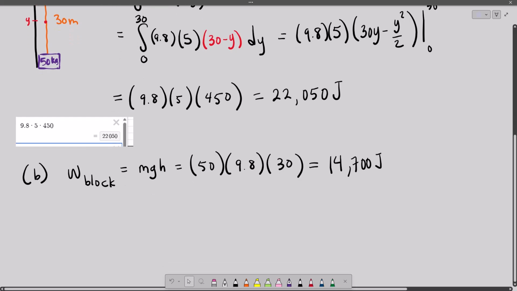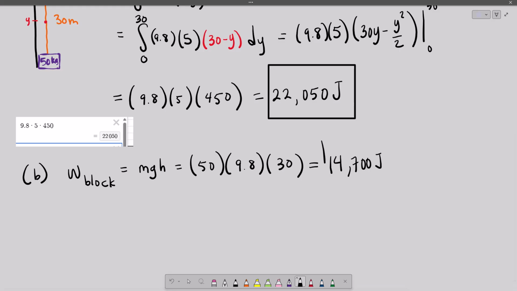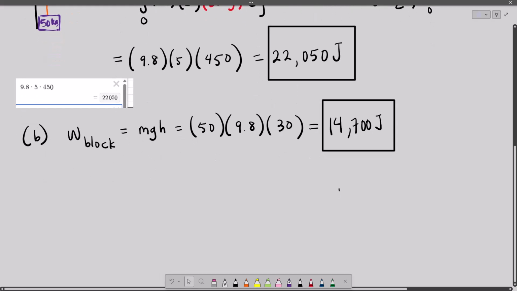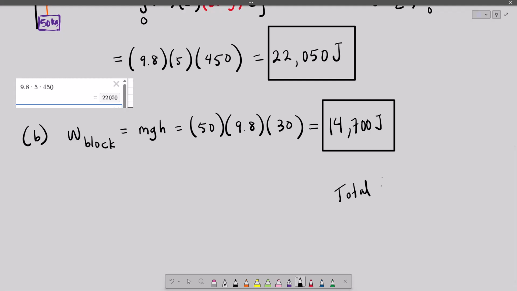Then we add that to the other, so the total will be 36,750.